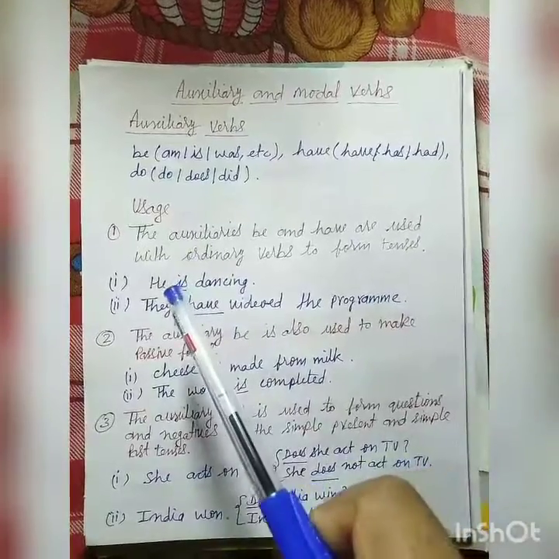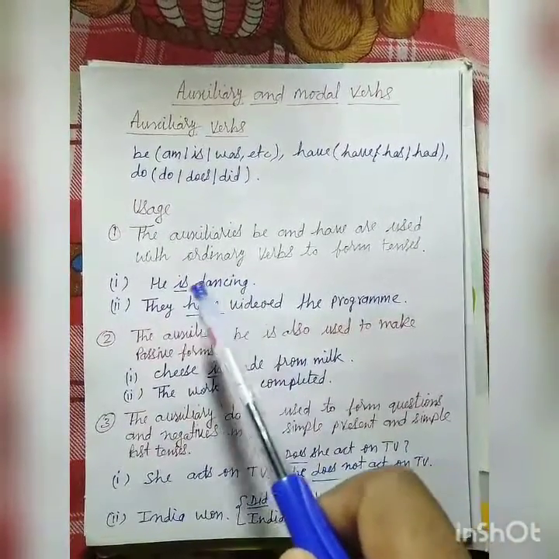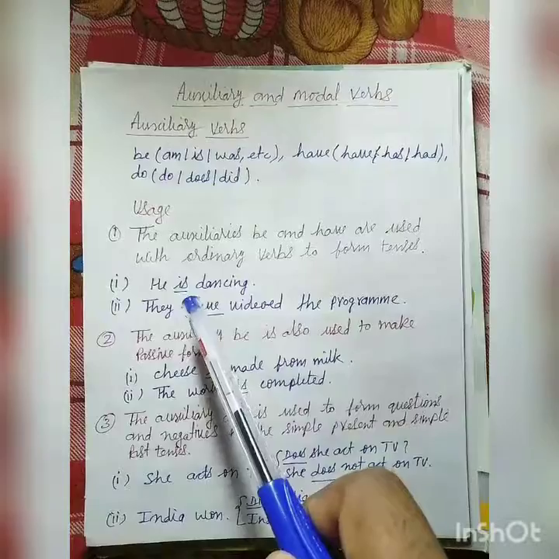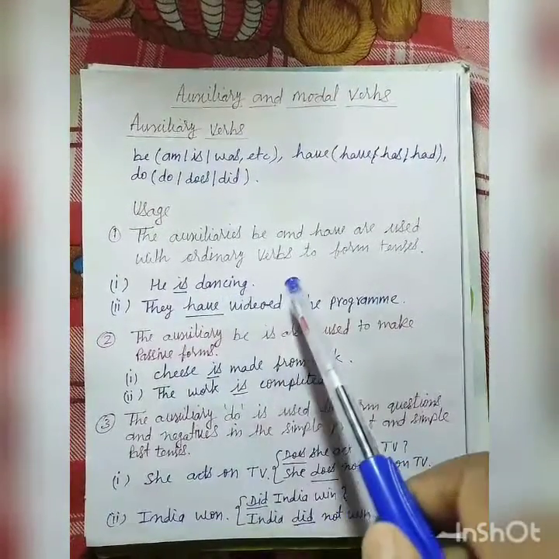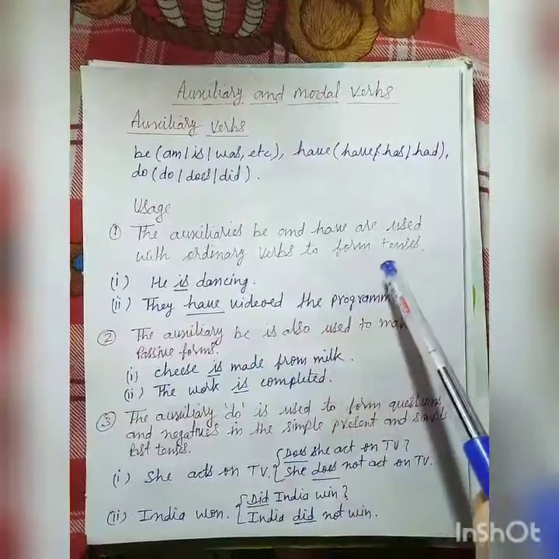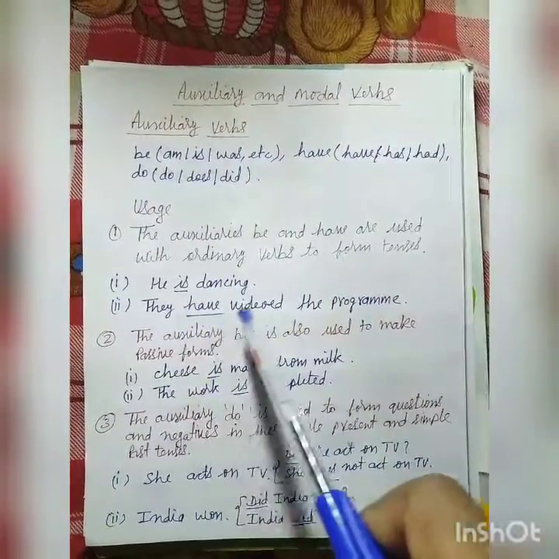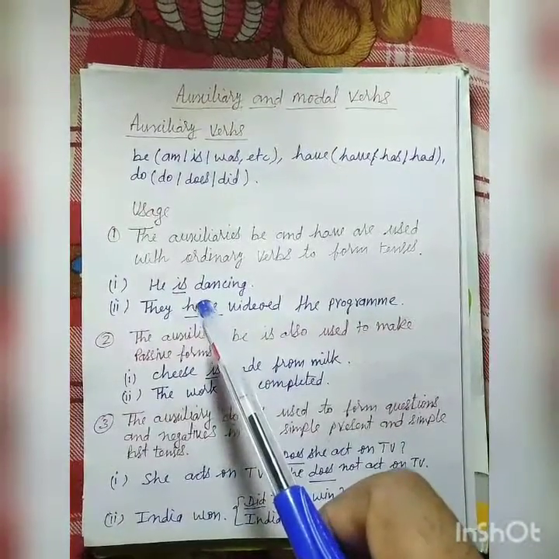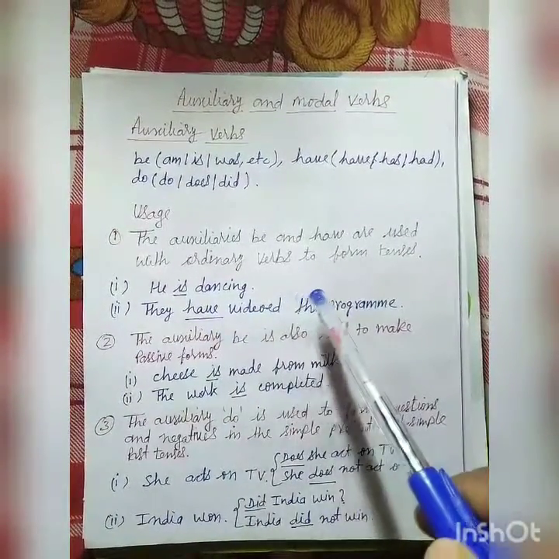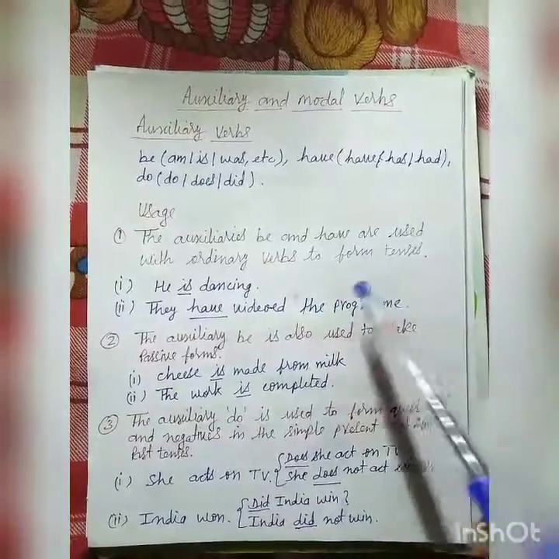For example, he is dancing. The verb is an auxiliary verb used with the main verb. It is used in present continuous tense. They have videoed the program. The verb have is an auxiliary verb used in present perfect tense.